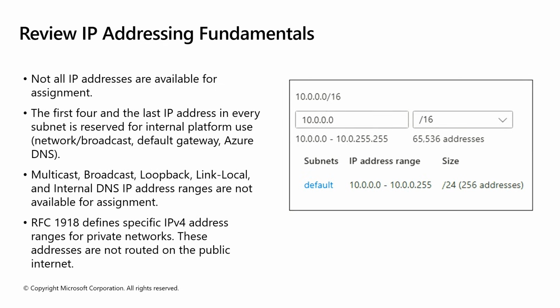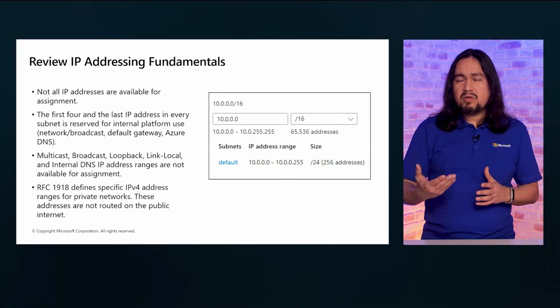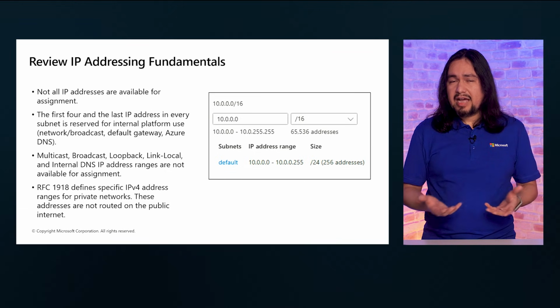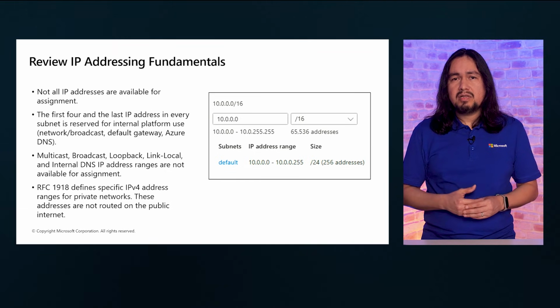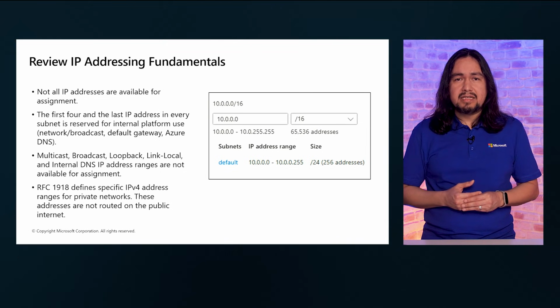Within the IP addressing fundamentals, remember there are certain IP addresses that you cannot use. Normally, the first IP address in your subnet, and the last one as well, cannot be used. Then the second one, which relates to the gateway of your network, cannot be used as well. And then the third and fourth are used for DNS.